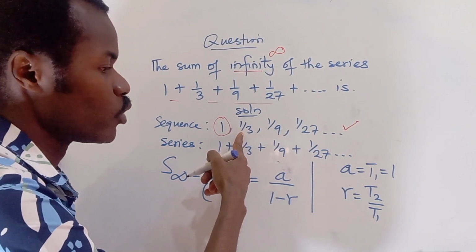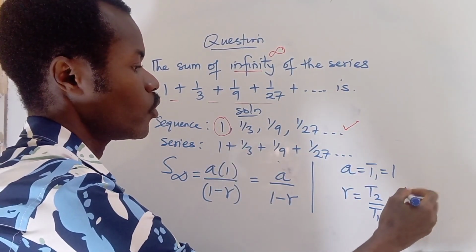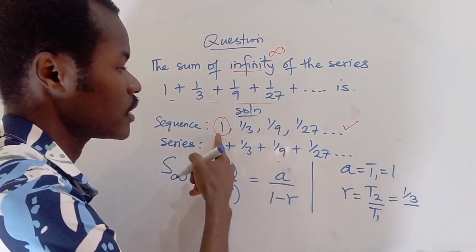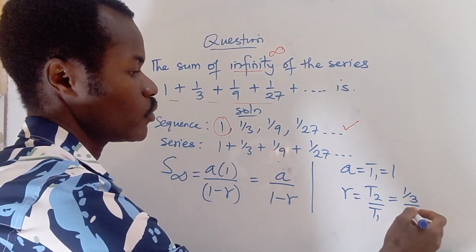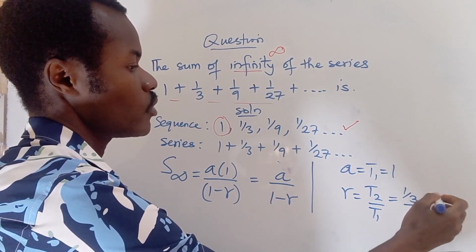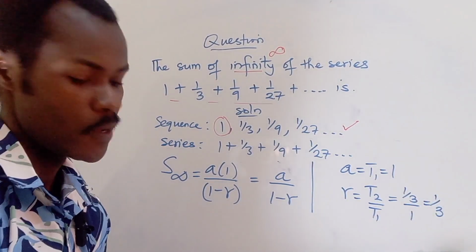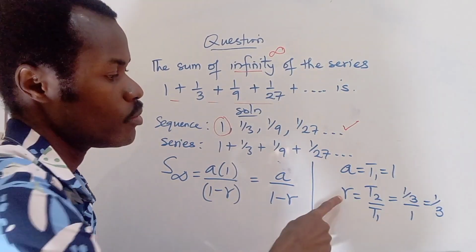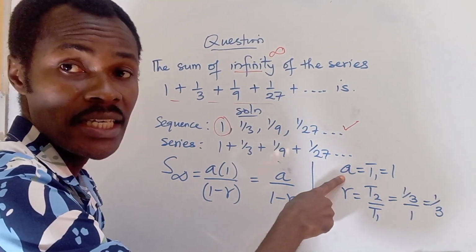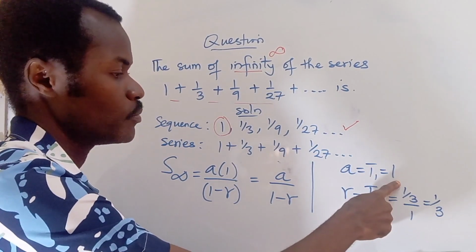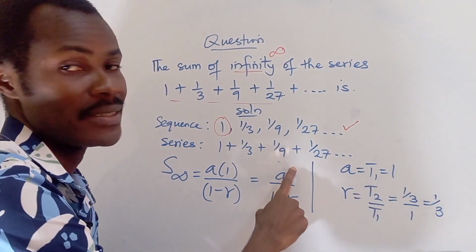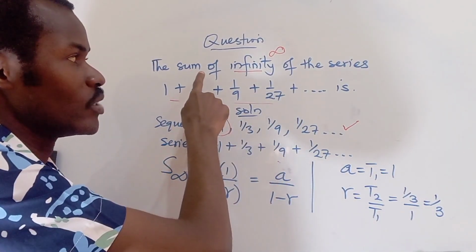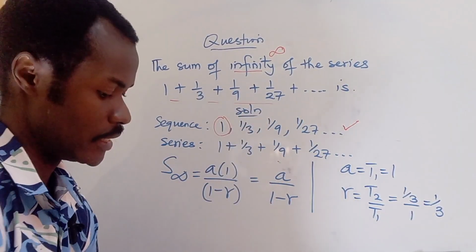So this is T2, so we have 1/3 divided by our T1, which is 1, which is 1/3. Now that we know our common ratio is 1/3 and a, the first term, is 1, we are going to input it into this expression to get the sum of infinity.